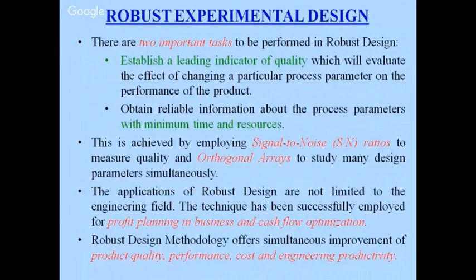So in robust design we have to achieve two important tasks. First, establish a leading indicator of quality. What is the response I want? That of course the experimenter has to decide. Whether I am interested in agricultural yield, or in the quality of the crop. I may not be interested in maximizing my yield.